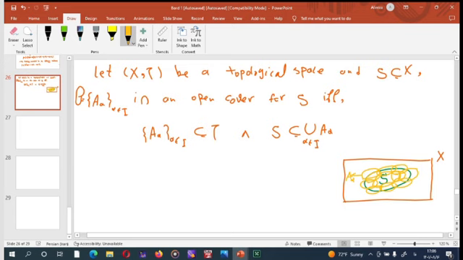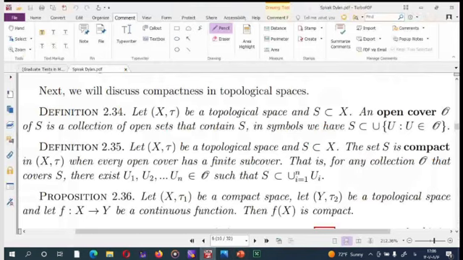So an open cover O of S is a collection of open sets that contain S, or S is a subset of the union of elements of this family.